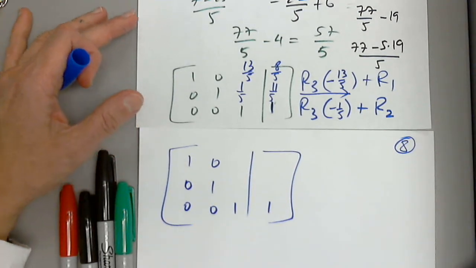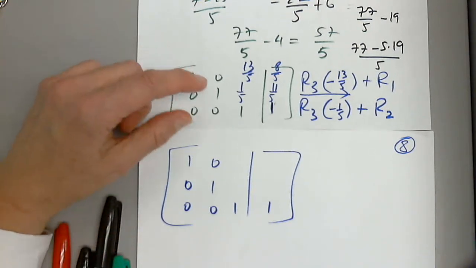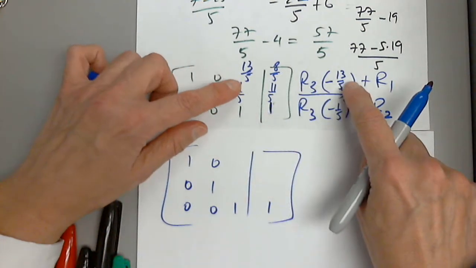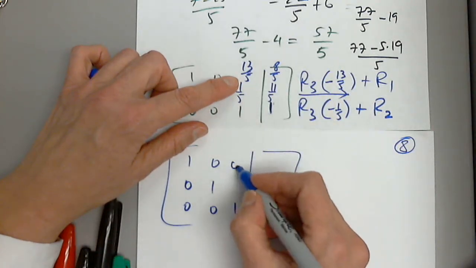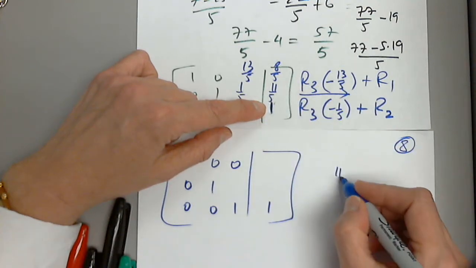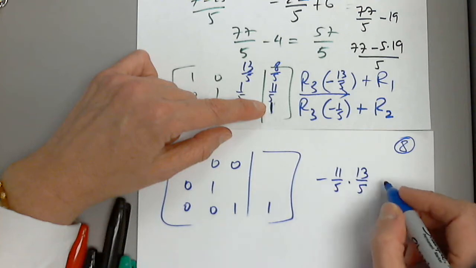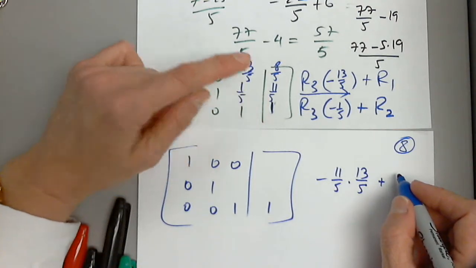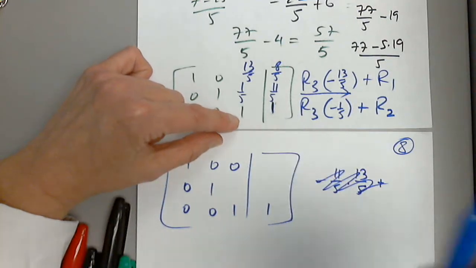Ready? This will be the last step, assuming there's nothing to go back and check and correct. 1 times negative 13/5 plus 13/5 is 0. Then 11/5 times negative 13/5 plus, sorry, row 3.